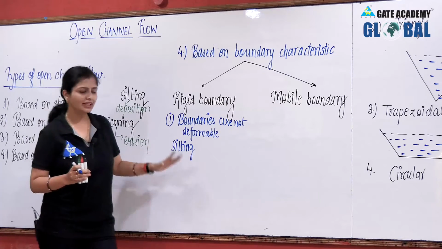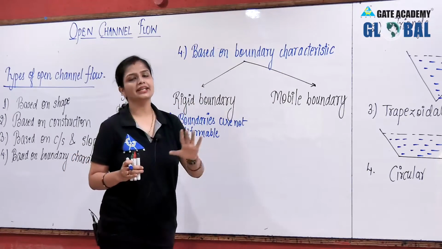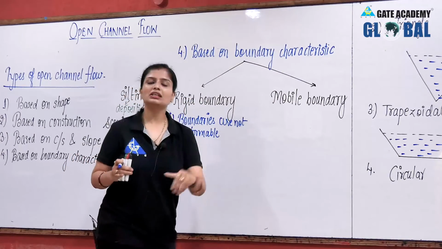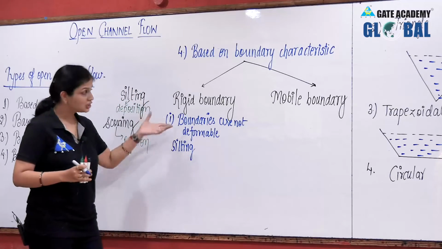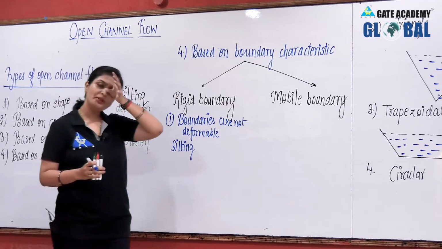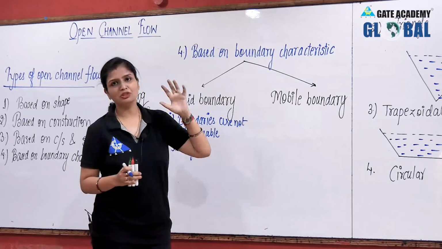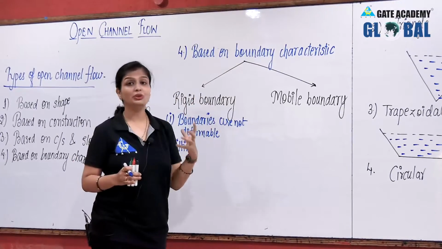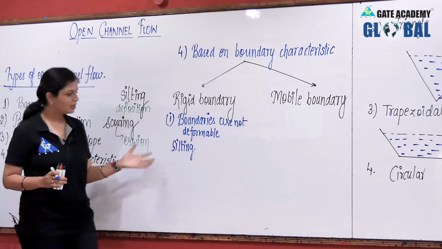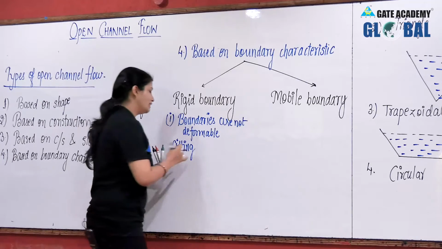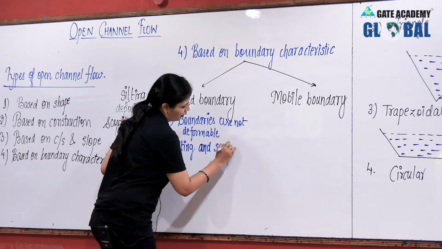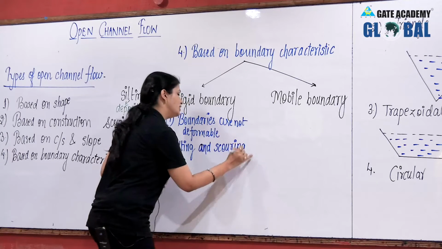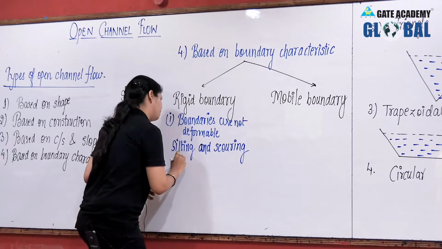In other books it is written that although silting and scouring take place, the boundaries are not deformable. But generally we assume silting and scouring don't take place. Actually rigid boundary open channel flow is not that prevalent and you can't see it much in practicality. But for study purposes we say silting and scouring doesn't take place.